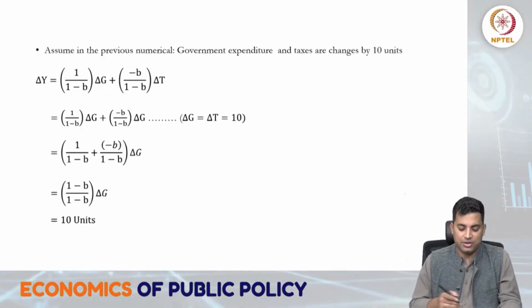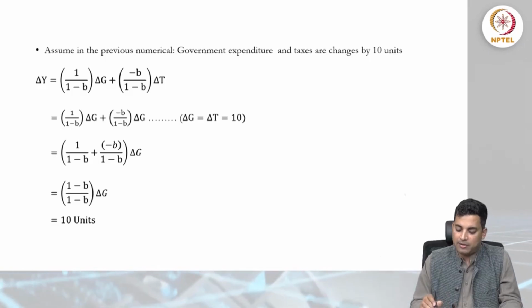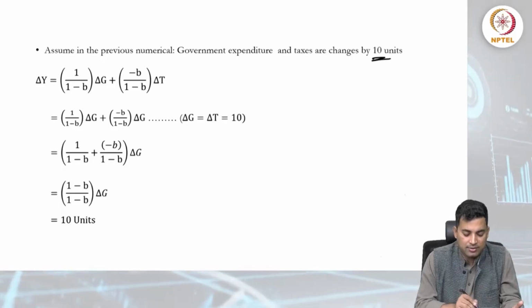Let us assume the previous numerical example where government expenditure and taxes change by 10 units.